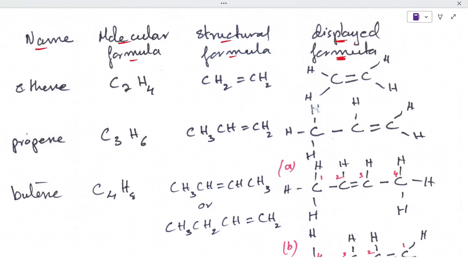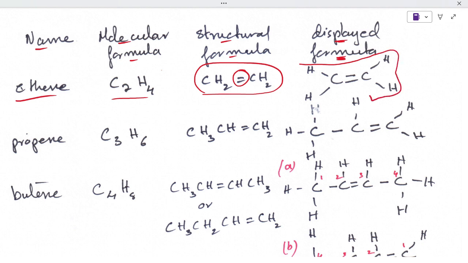As you can see, ethene: molecular formula C2H4, in the structural formula I've shown the double bond, and in the displayed formula, all the bonds are displayed. Propene, again, you can see in the same way, and the double bond you can draw on either side of the propene. I have drawn the double bond on the right side, it can be on the left side, it makes no difference.